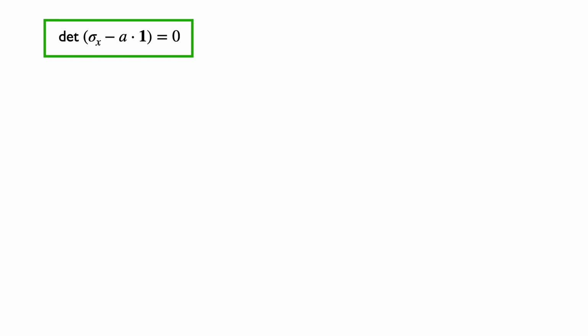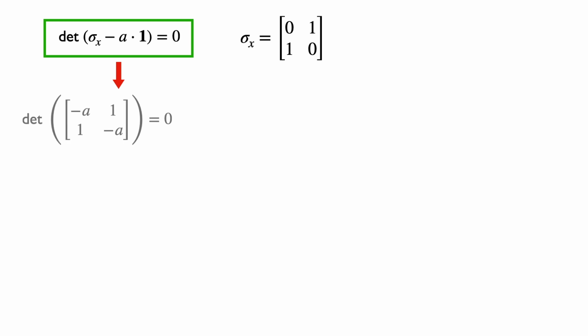Let's find the eigenvalues of sigma x using the determinant equation. Using the matrix representation of sigma x, we can evaluate this determinant explicitly. This gives the quadratic equation. Solving this will give 2 solutions, the eigenvalues plus 1 or minus 1.